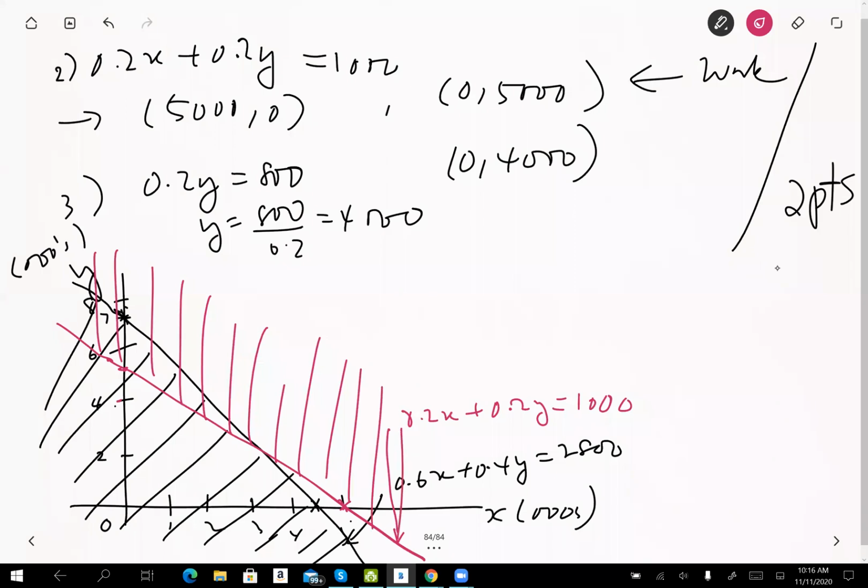So that is the second inequality. Then you got y equal to 4,000. That would be a horizontal line. You need less than, so less than would be the area below.